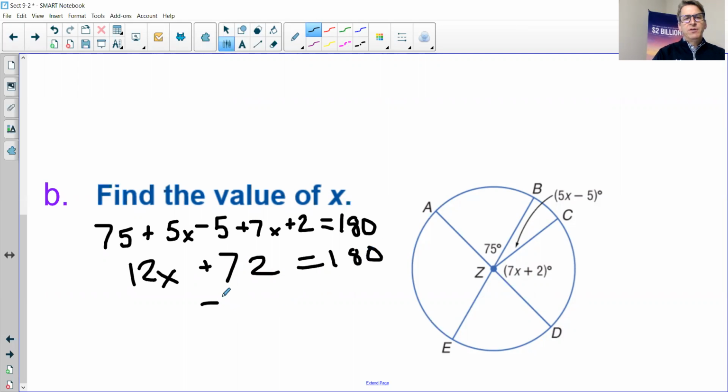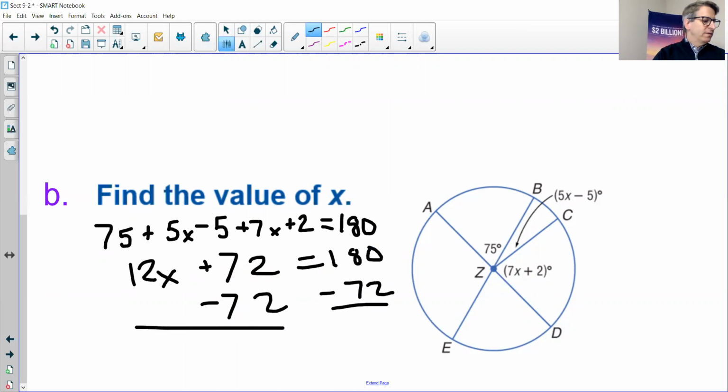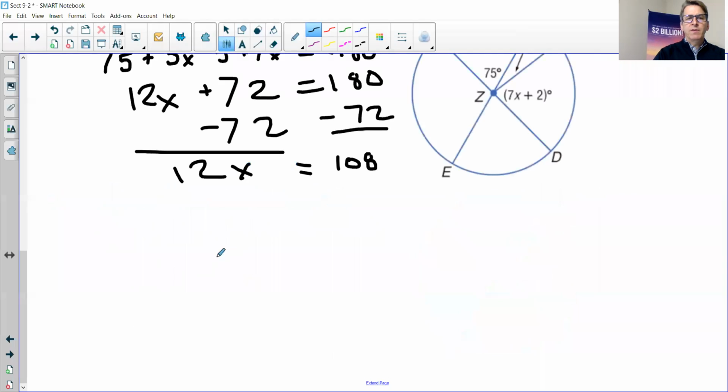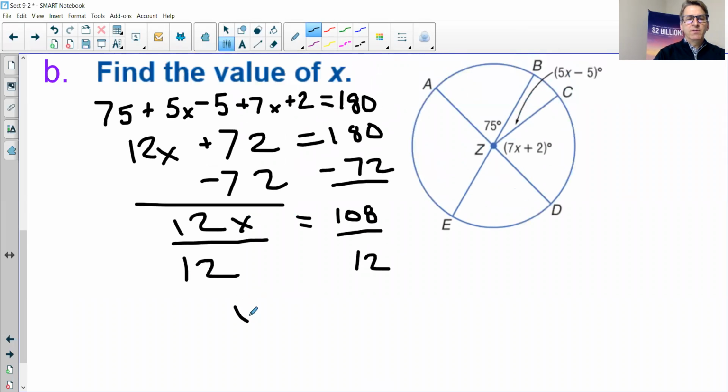By subtracting 72 from both sides, you have 12x is 108. So you're at 12x is 108. By dividing by 12 on both sides of this equation, your value of x is equal to 9. So be on the lookout for these types of problems in today's work.